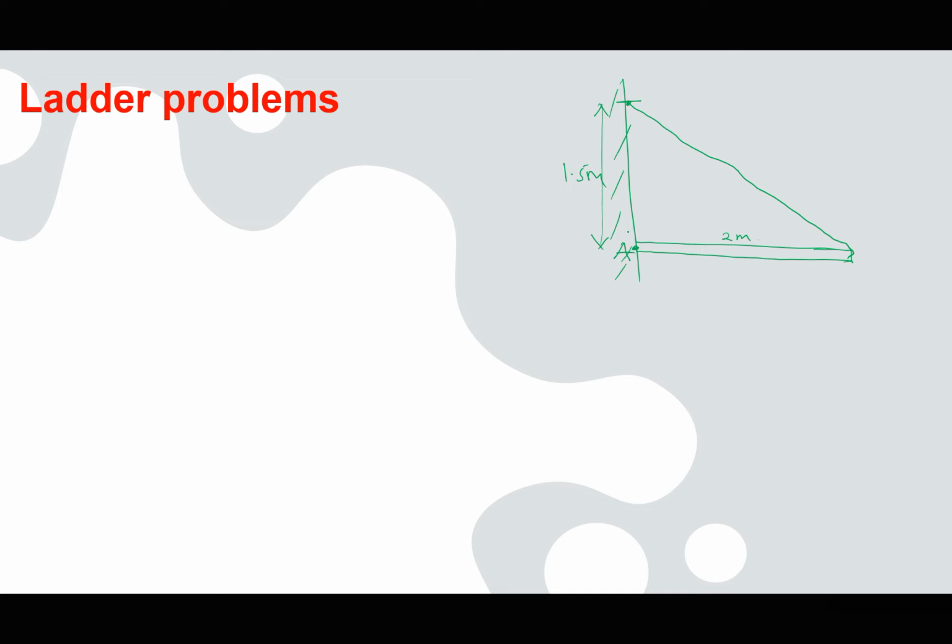If the beam carries a load of 10 kilograms at a point. The beam was carrying a mass of 10 kilograms at a point 1.5 meters from A. So at 1.5 meters from A, the beam was carrying a mass of 10 kilograms. Then we were to calculate the tension. So there is tension here.